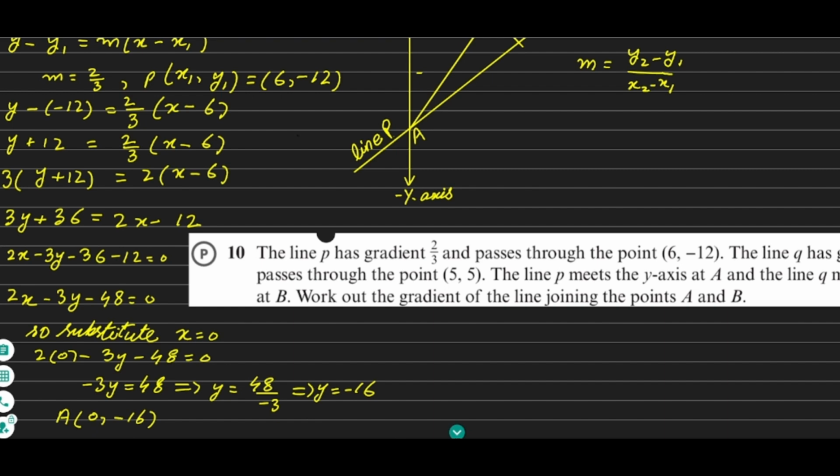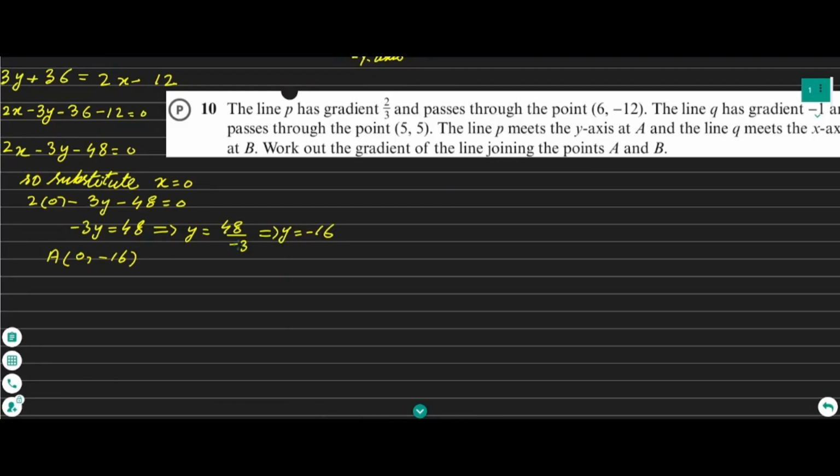Now we find the second equation, of line Q. The line Q has gradient minus 1 and passes through the point 5, 5. So to find the line Q, we will use the equation y minus y1 equal to m times x minus x1. Now we replace slope m and x1, y1 values.